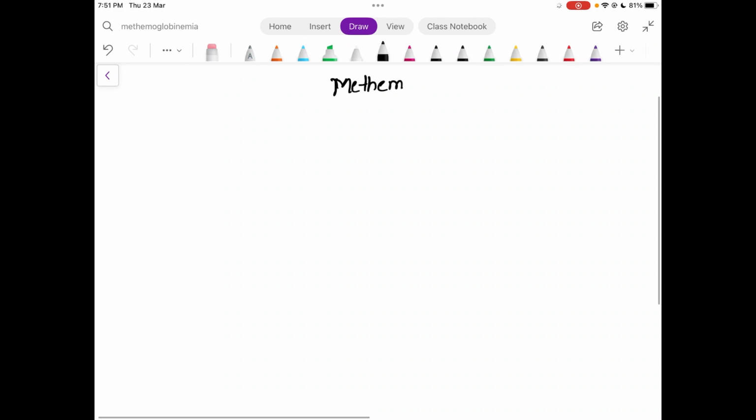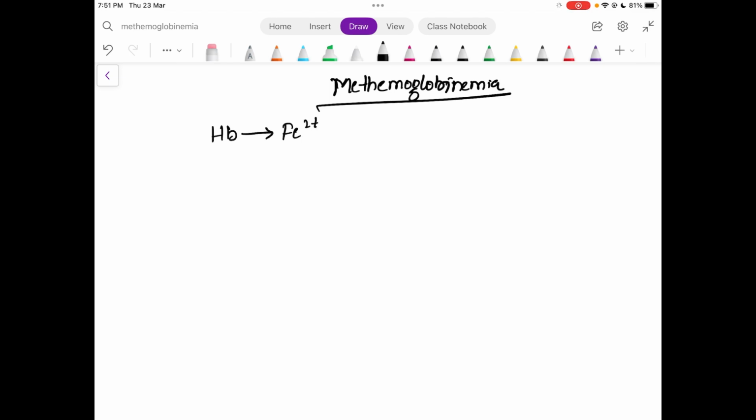In this class, we'll discuss methemoglobinemia. What does it mean? Normally, hemoglobin in a normal person will have Fe2+ in its structure. This Fe2+ will bind with oxygen.